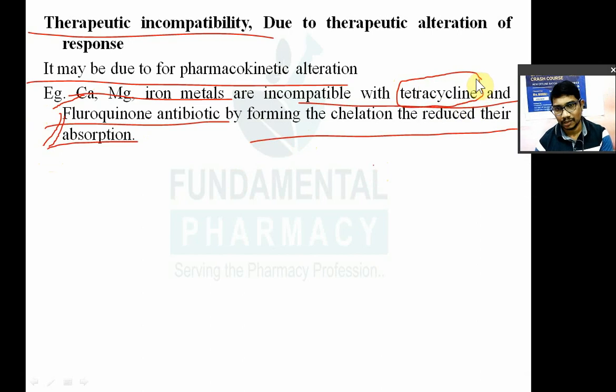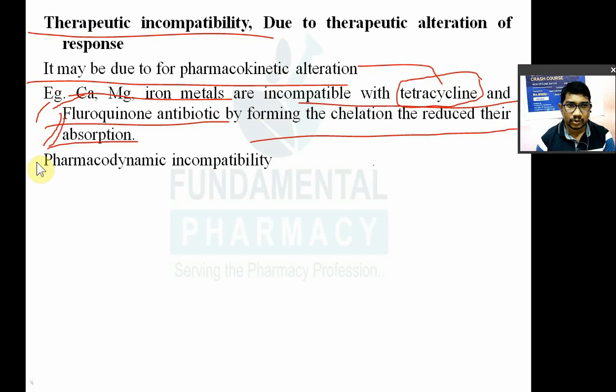So that's why if you take antacids, or iron preparations or hematinic preparations, or milk, all these are contraindicated with the tetracycline. If you have a tetracycline drug, then you should not take iron preparations, hematinics, antacids, or milk preparations with it.